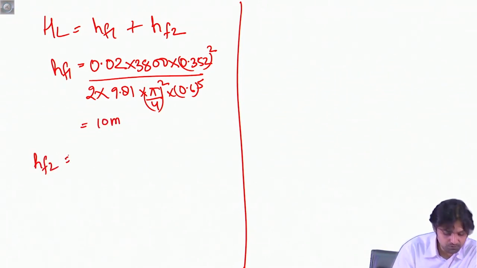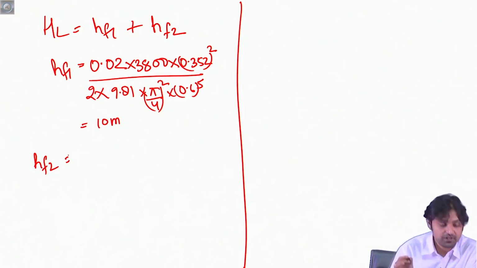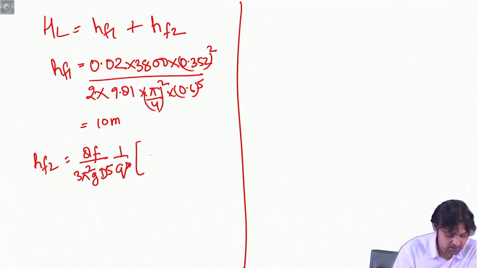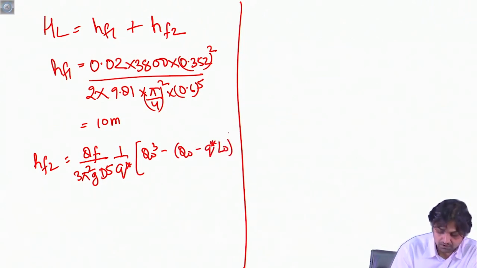What is HF2? It is the last 1200 meters where we have derived that equation, which was 8f divided by 3 pi square g d to the power 5 into 1 by Q star into [Q naught cube minus (Q naught minus Q star L naught) whole cube]. And if you solve this with the appropriate values of f as 0.02 and other things, you will get HF2 as 1.053 meter.